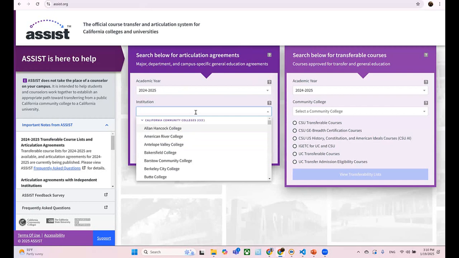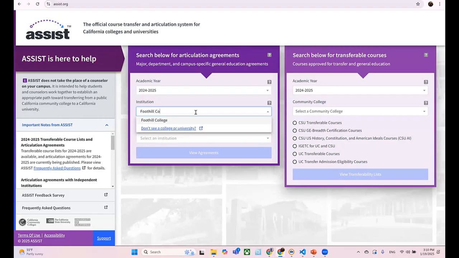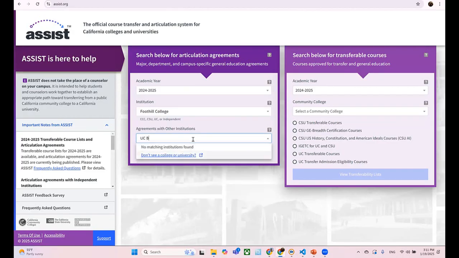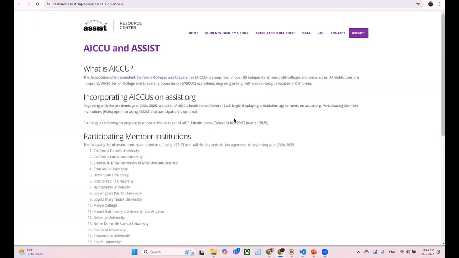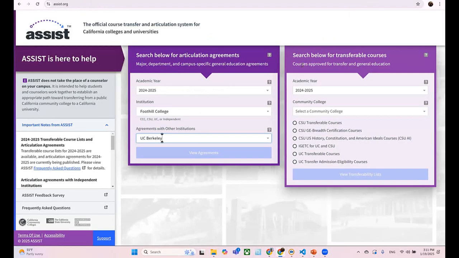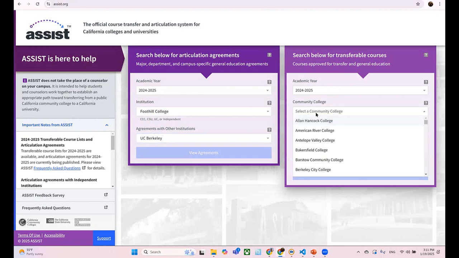That's good. So let's assume that you take this course from Foothill College, and you are looking for the UC Berkeley agreement. Let's look at the transferable courses.